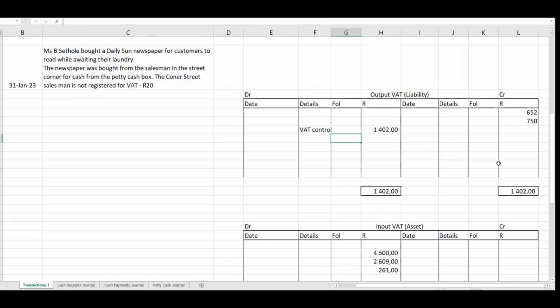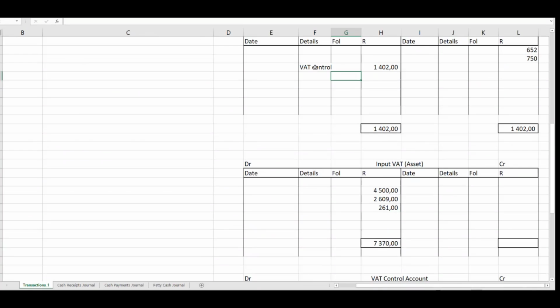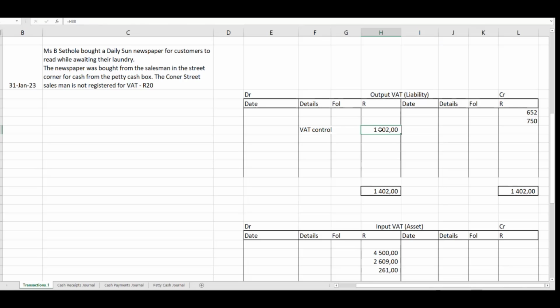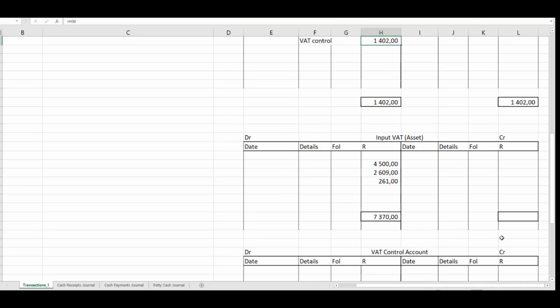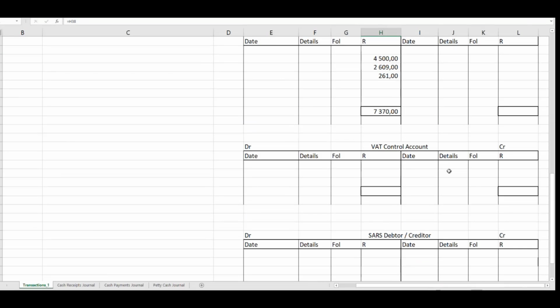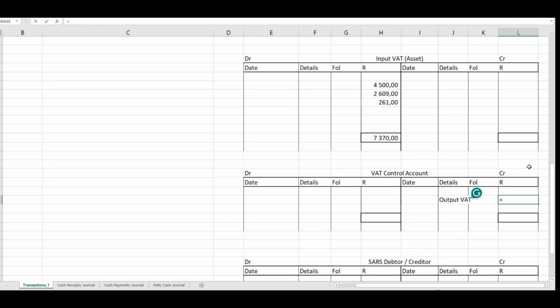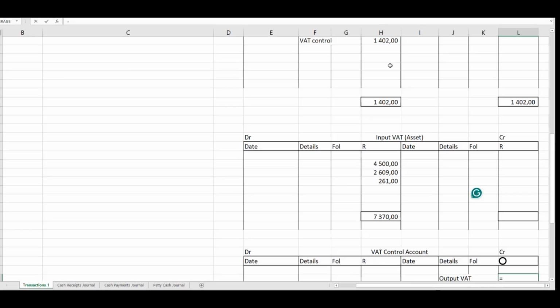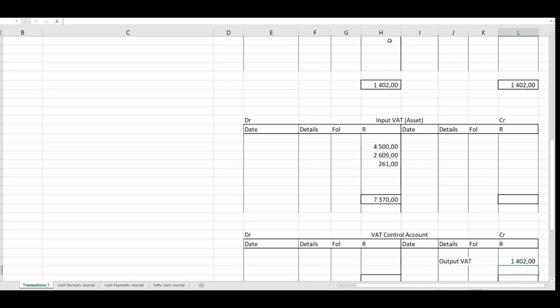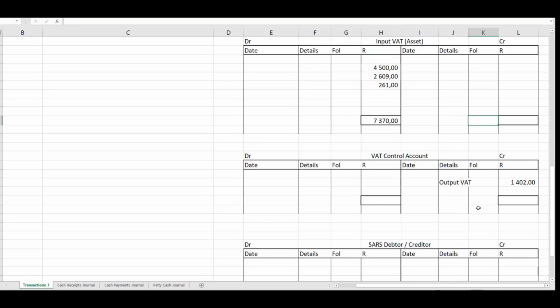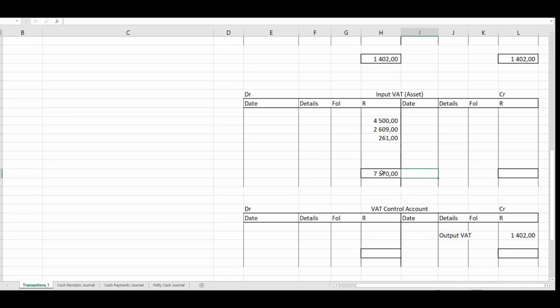And on the VAT control account, a debit to an account is a credit to another account. This is going to go to the credit side and be called output VAT.